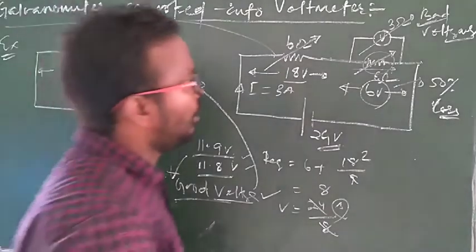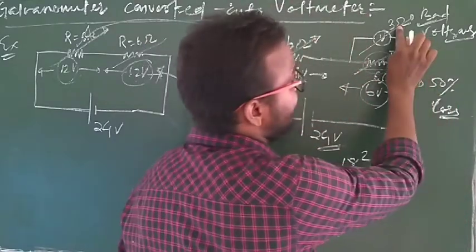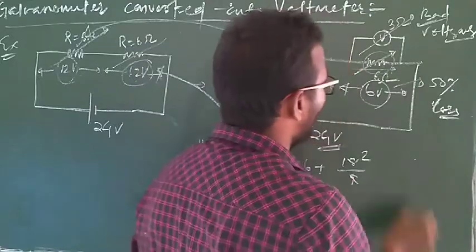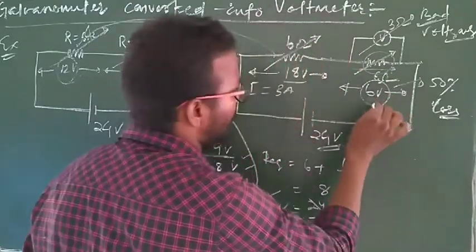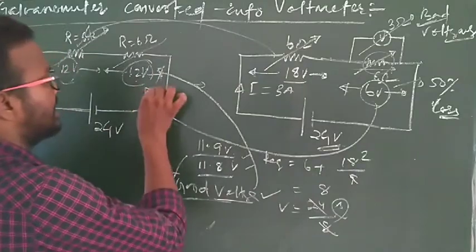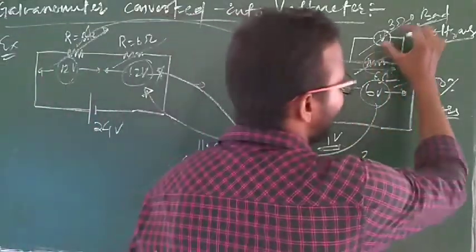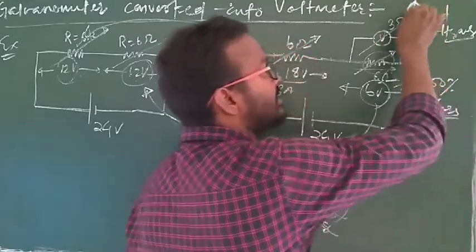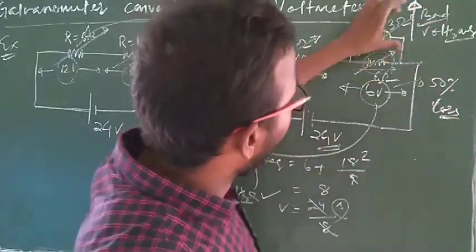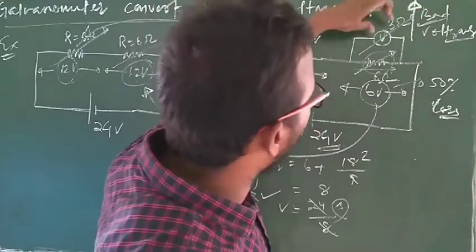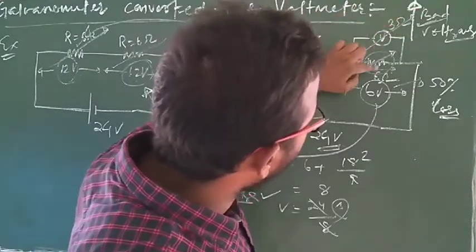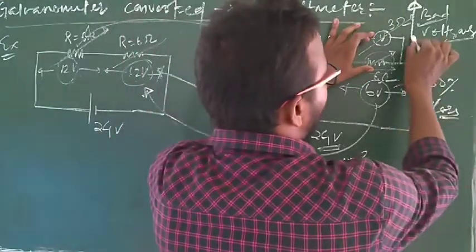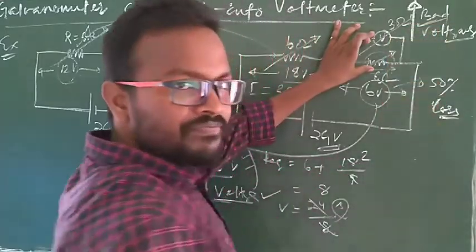Clear? So we have to increase or decrease the resistance of the voltmeter so that we get the approximate or exact value of the initial reading. In this case we have to increase it, because the voltmeter connected across the second resistor is in parallel.